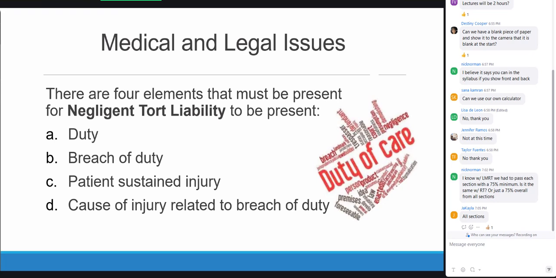It has to have been defined and agreed upon prior to the interaction. Then they have to prove that there was a breach of that duty. Then they have to establish that the patient did, in fact, sustain an injury and that the injury is directly related to the breach of duty.